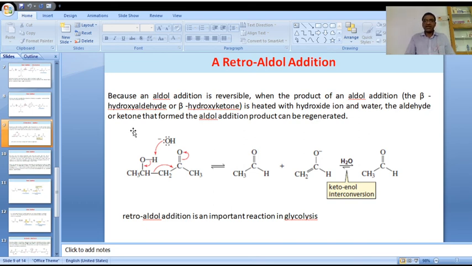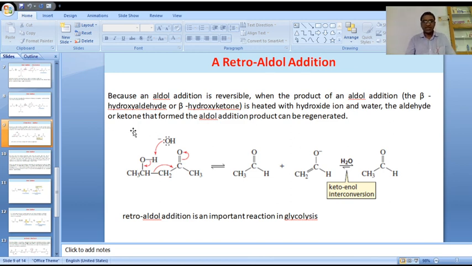When the product of an aldol addition is a beta hydroxyaldehyde or a beta hydroxy ketone, we get beta hydroxyaldehyde from aldehydes and beta hydroxy ketone from ketones. When these products are heated with hydroxide ion and water, the aldehyde or ketone that formed the aldol addition product can be regenerated.